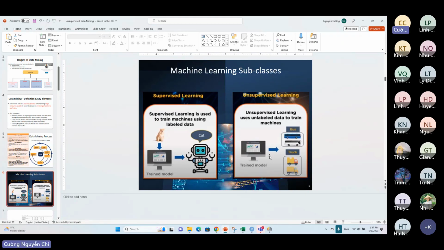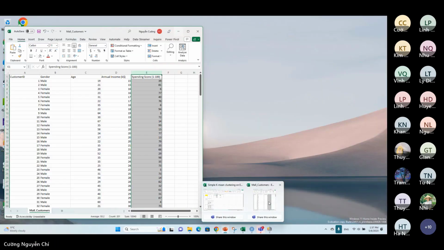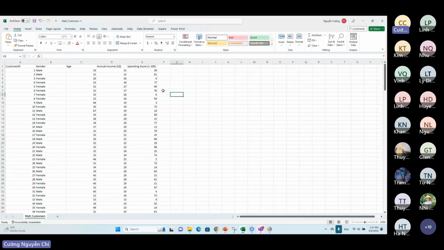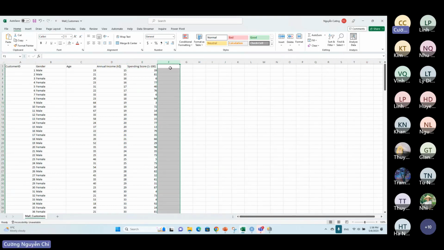Then unsupervised learning will be another field that we learn today. We use unlabeled data to train the machine. For example, I do have the data here for the mall customers, okay? And we have no idea what exactly they mean. We have some information about some of the customers, like they are male or female, what their age is, their annual income, and spending score. But we have no other outcome or dependent variable.